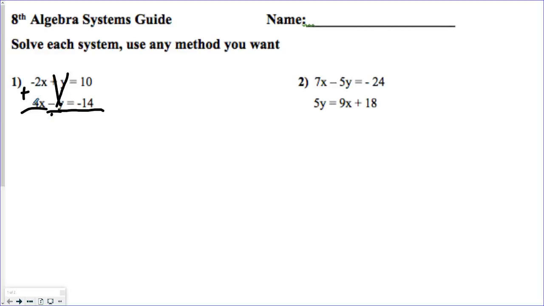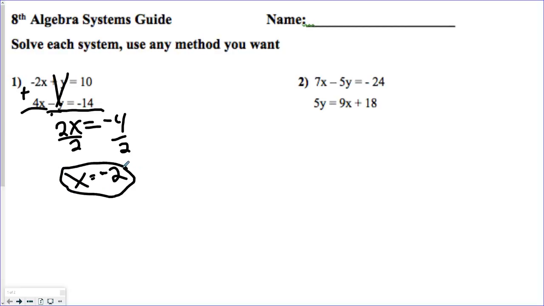And then negative 2x plus 4x is going to give me positive 2x equals, and then 10 plus negative 14 is negative 4. So you see, after I add, one of the variables completely cancels out, and I'm just left with one variable now. So now instead of working with two variables, I can work with one variable, and this equation I can solve because I can just divide 2 on both sides, and I get x is negative 2, which is half my answer.